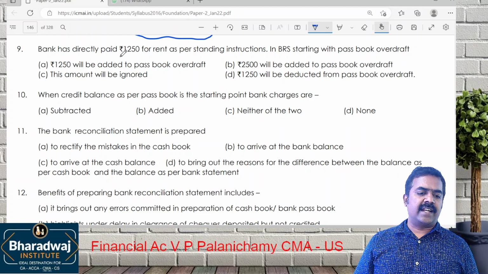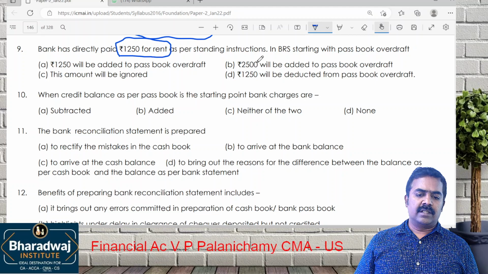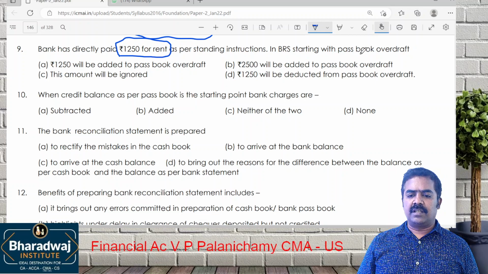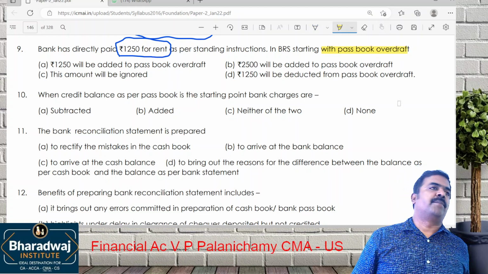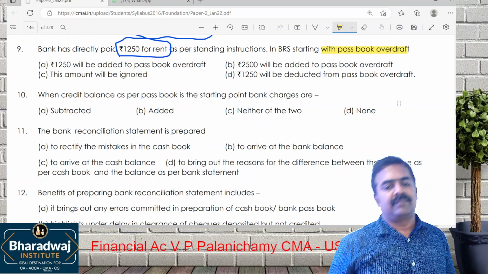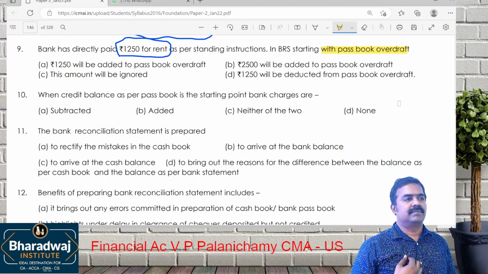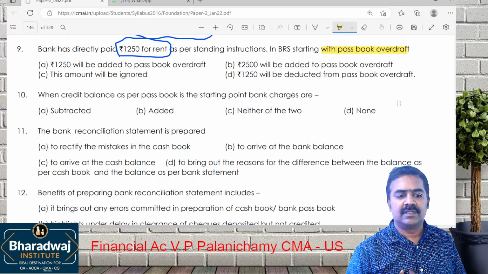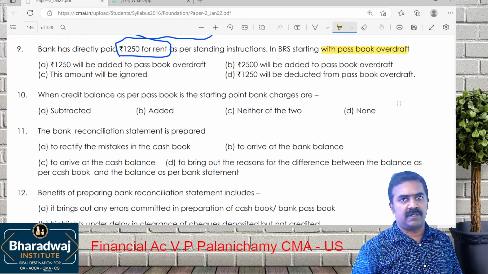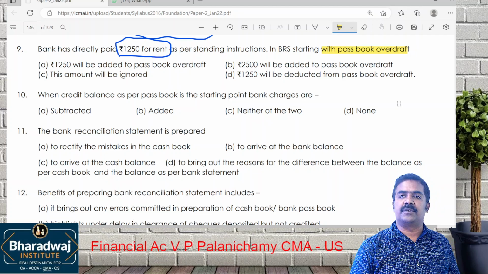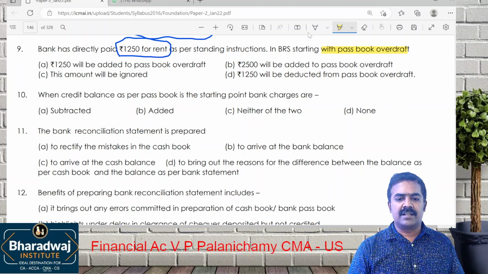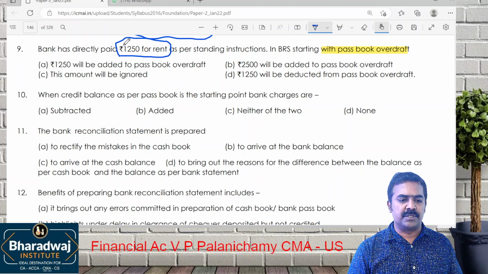Bank directly paid 1,200 for rent. Okay, as per standing instruction, we are starting with which one? Passbook OD. Who are we? Banker. What have we done? We have reduced. Whether the customer has reduced, now what we should do? We should add back. Since OD is a starting point, what we should do?